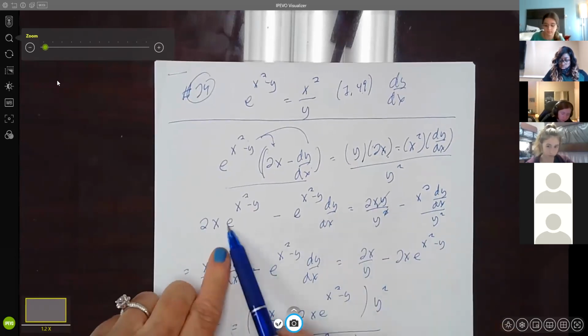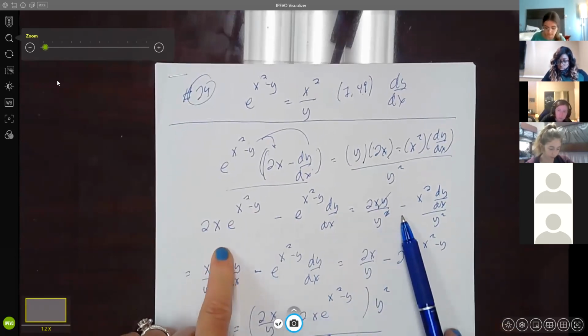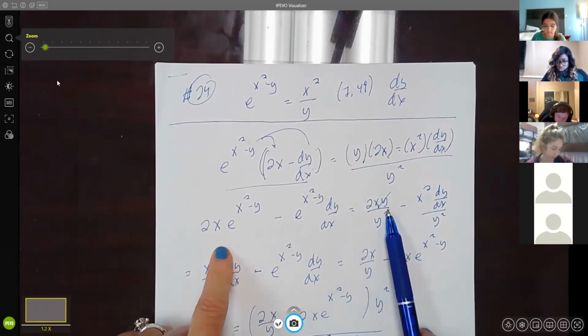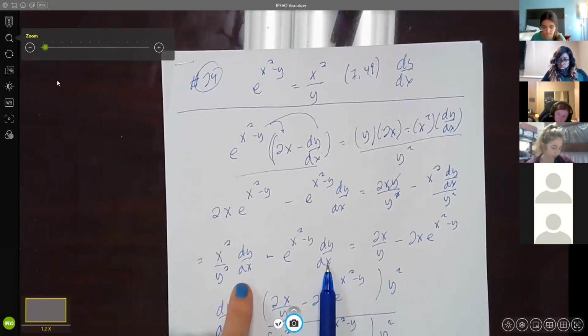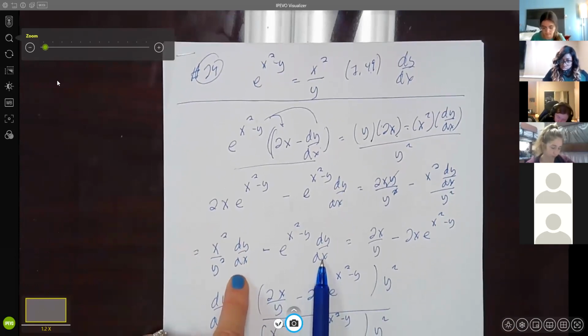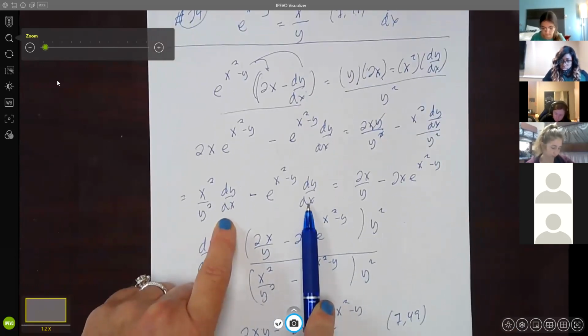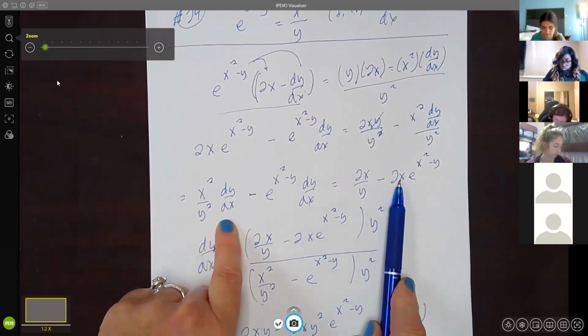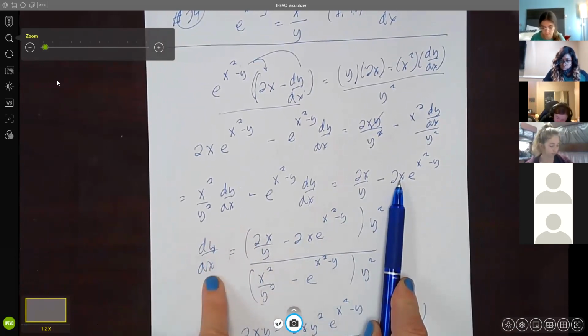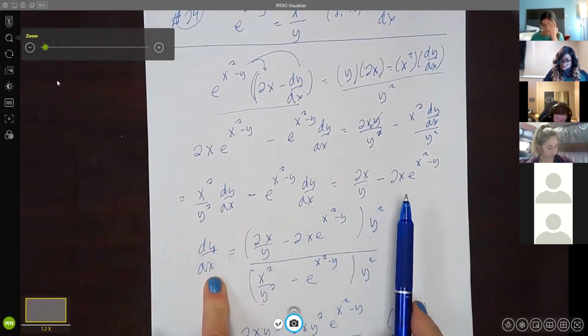So now doing that, I've gotten all my parentheses gone. And I could get my dy/dx's on one side, everything else on the other side, which is what I did right here. That's just adding and subtracting terms to move it around. And then got my non-dy/dx terms on the right side. Now factor out your dy/dx.